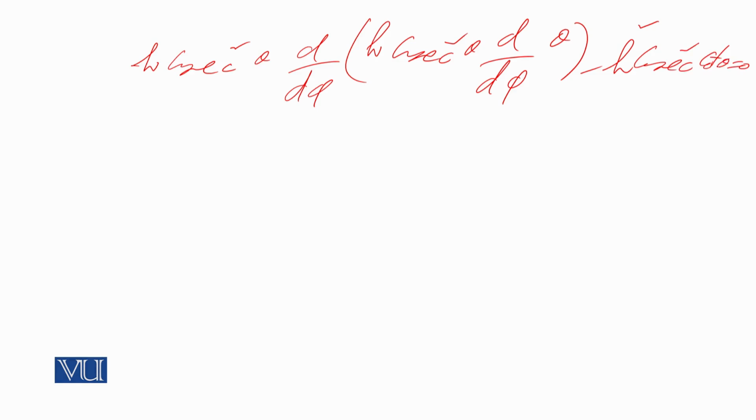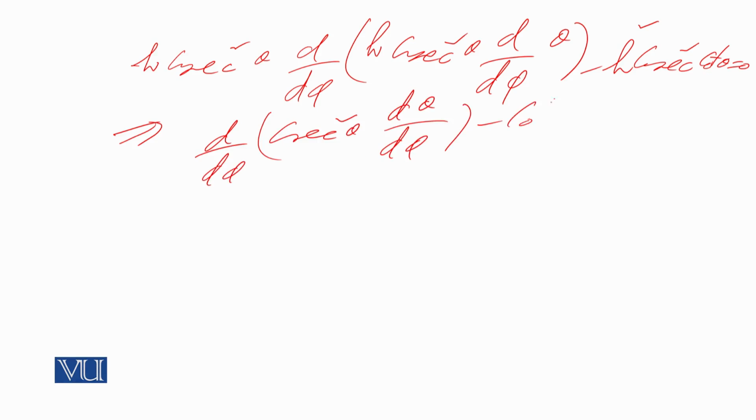And simplifying this, we have d over d phi (cosecant square theta d theta over d phi) minus cot theta is equal to 0.